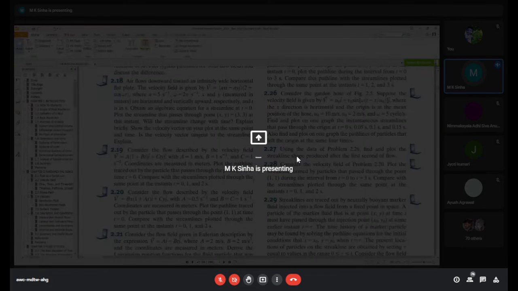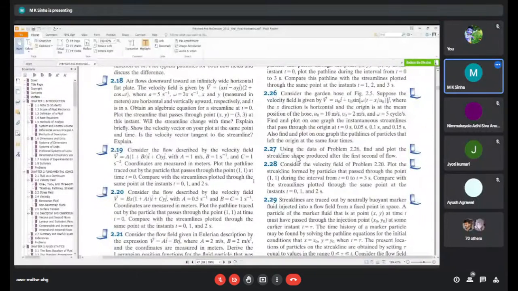Is it visible? Yes, sir. See, problem number 2.20. Consider the flow described by the velocity field V equal to B x (1 plus A t) i, this is the component u, plus C y j, this is the component v, with constant A given as 0.5 and B as 1.